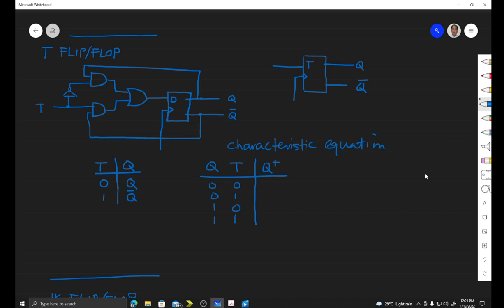Suppose you have input 0, 0, our next state is 0. This is 1, 1, this is 0. So our characteristic equation is Q plus equals T Q prime, or Q bar, plus T bar Q. This is just an XOR gate for our flip-flop. The characteristic equation is derived using a K-map, so we can perform K-mapping for this one.